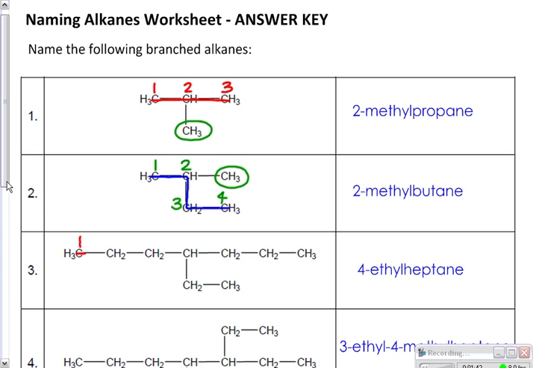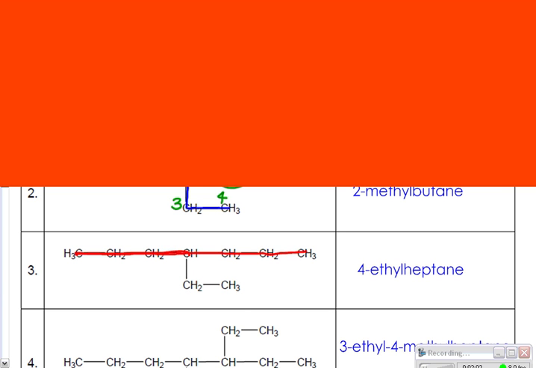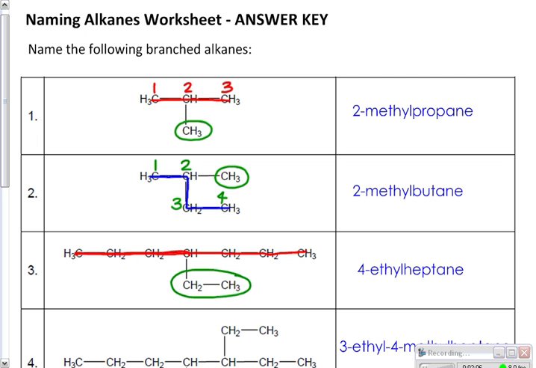Number 3, when you look at number 3 here, if you try to find the longest parent chain, make sure that you always check that it's not always just the top chain. So if you count here 1, 2, 3, 4, 5, 6 versus 1, 2, 3, 4, 5, 6, 7, you have to take that top chain because that's the longest possible carbons. Now this group is attached to the parent.